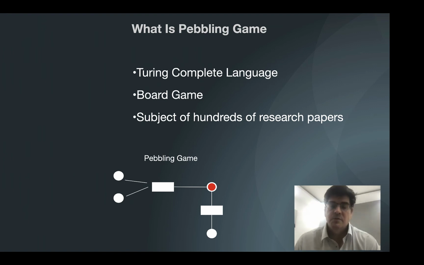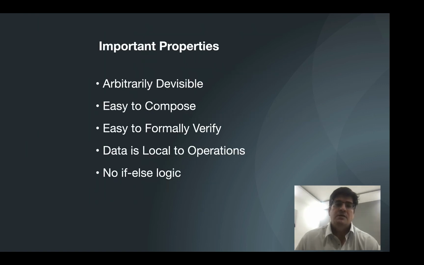It also happens to be how we perform core logic on blockchain smart contracts. So what's valuable about it? It's arbitrarily divisible. It's easy to compose. It's very easy to formally verify, and we can do it almost in real time. In fact, our guidance system is run by formal verification.